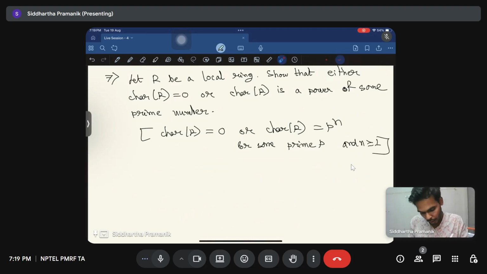These are the only two choices for the characteristic of a local ring. So we already know, if we have an integral domain, then its characteristic is either 0 or a prime. But for a local ring, we also have special cases. Okay, so let's prove this.